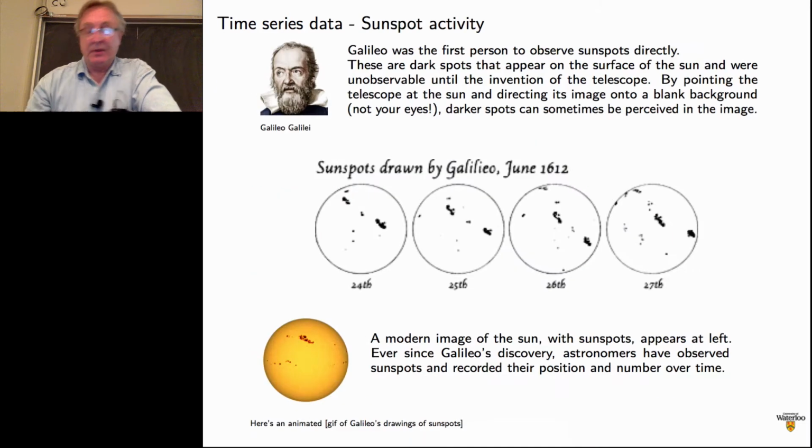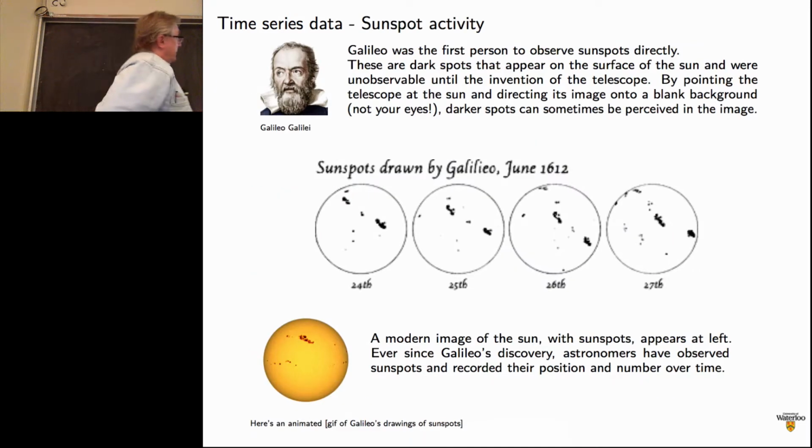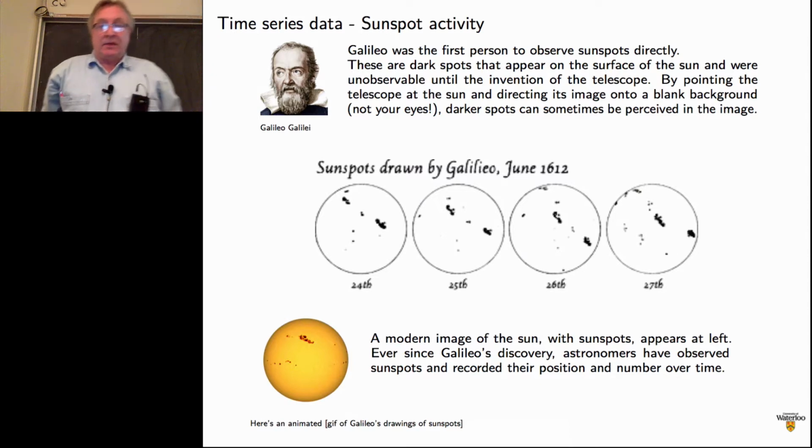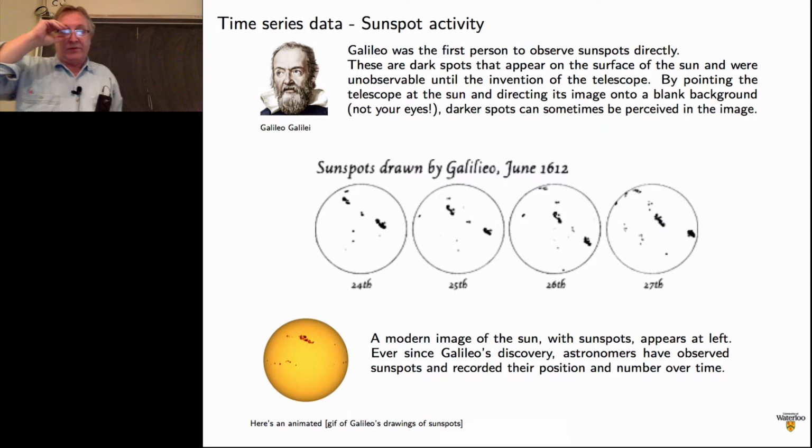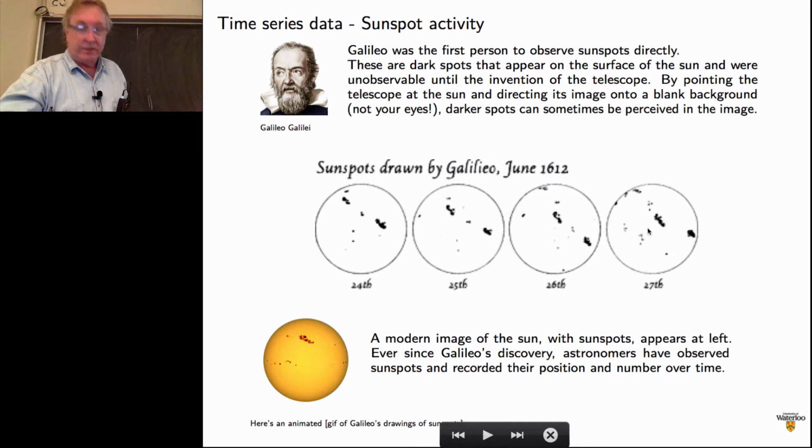Okay? So let's give you an example. It's a very famous data set looking at sunspots. And Galileo was the first person to record observations on sunspots. And those are his actual recordings that you see.